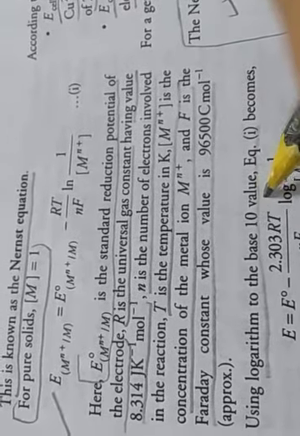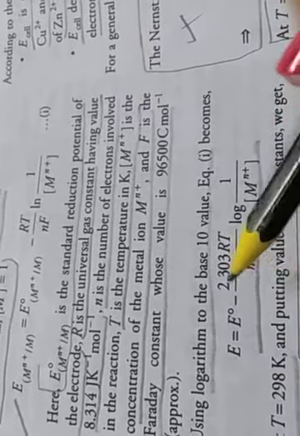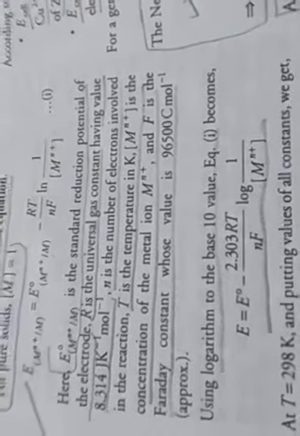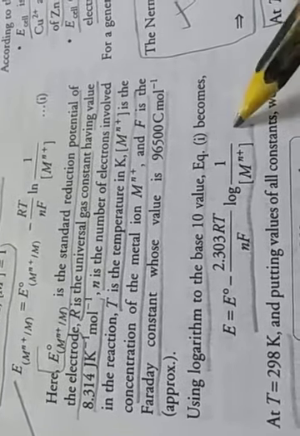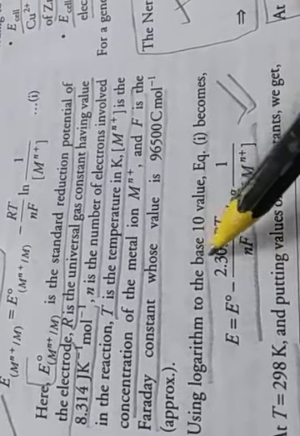So using logarithm to the base 10, equation number one becomes: we have to write E is equal to E naught minus 2.303 RT upon nF log 1 upon [M^n+]. So you learn this as the Nernst equation using the logarithm to the base 10.